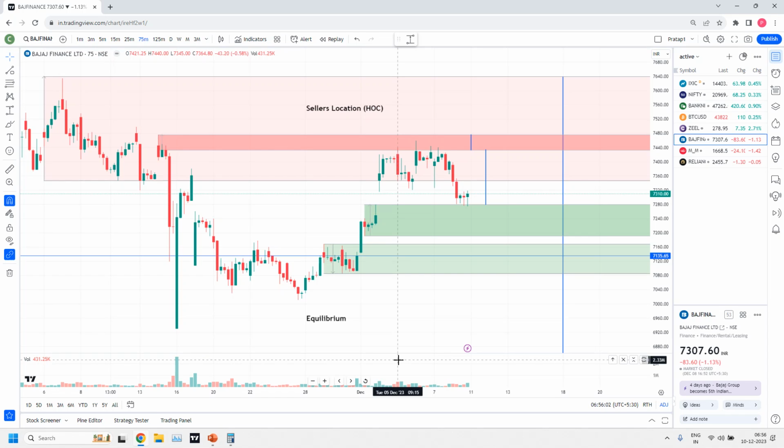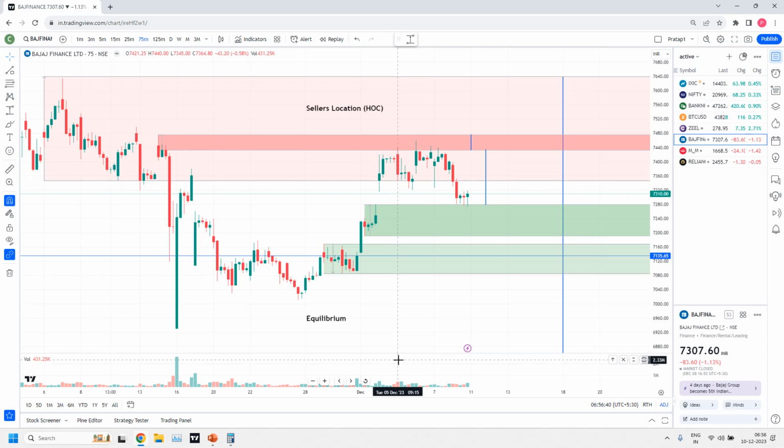What is the purpose of drawing demand and supply zones? For identifying the location. Later on you will be learning the same demand and supply zones for identifying direction also. But as per the current discussion, the higher time frame is used for identifying the location by drawing higher time frame demand zone and higher time frame supply zone. That is point number 1. Point number 2, intermediate time frame, that is ITF.